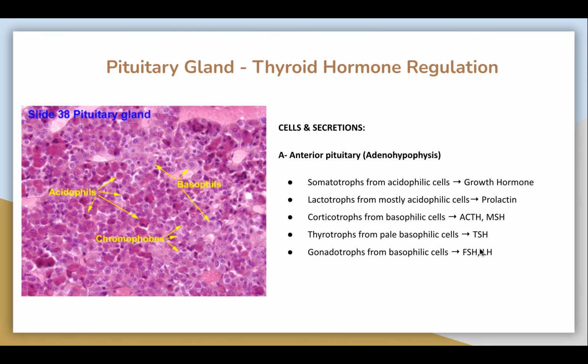Luteinizing hormone, also related to reproduction and fertility, is produced by these gonadotrophs, which are also basophilic cells, more purple or bluish staining.